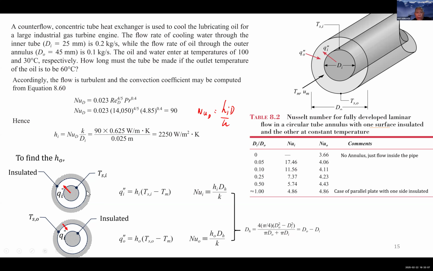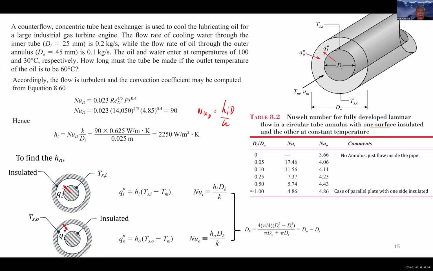So two of this geometry, each of the Nusselt number is specified by this. You have to match what you have in your problem, this case or that case, because the Nusselt number Nu_i and Nu_o is given for the flow where the ratio D_i over D_o is specified.